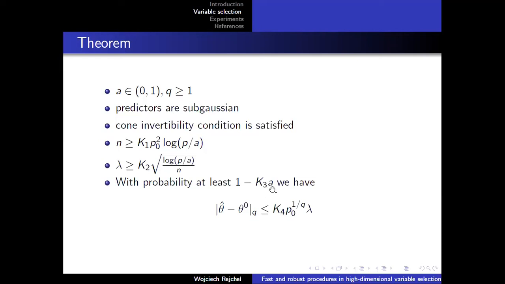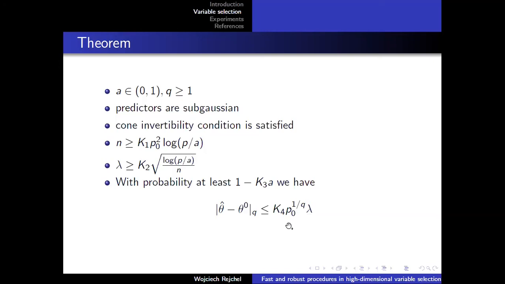And then with probability which is close to 1, if you take A close to 0, you can bound the estimation error in the LQ norm, the difference between your estimator and your parameter. You can bound it by, again, some number times P0 to the power of 1 over Q and lambda.